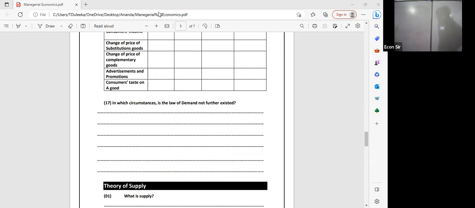Final one. Please write down the final one. In case of highly essential goods, highly, you know how to write highly, H-I-G-H-L-Y, essential, E-S-S-E-N-T-I-A-L, essential goods, highly essential goods.